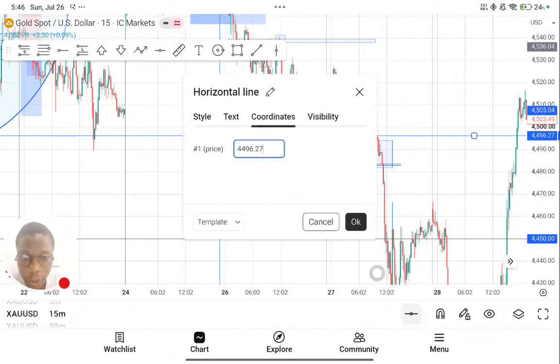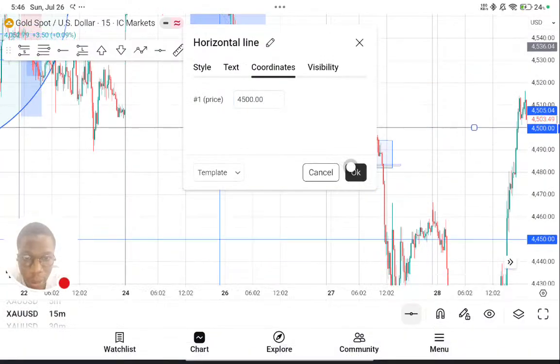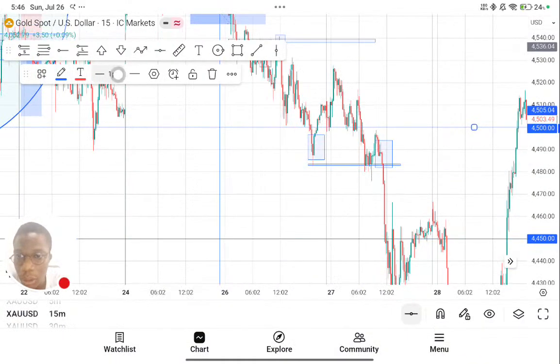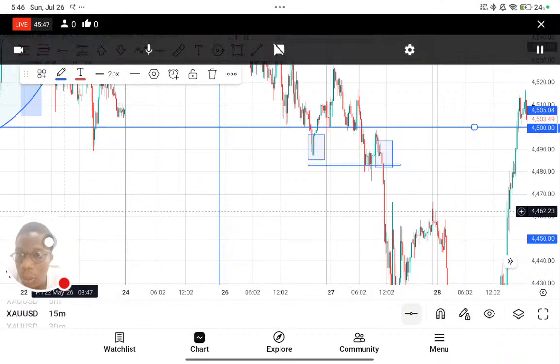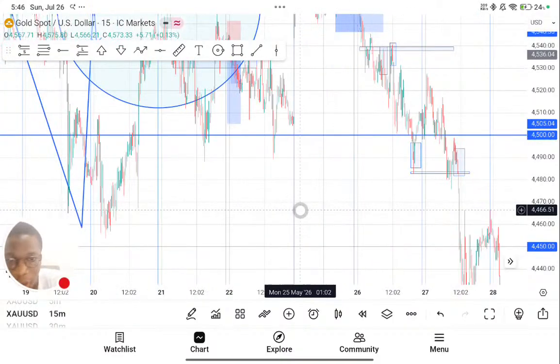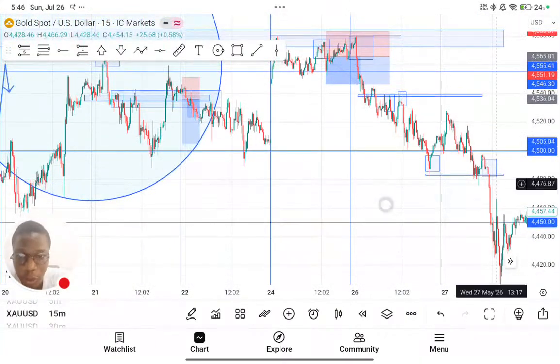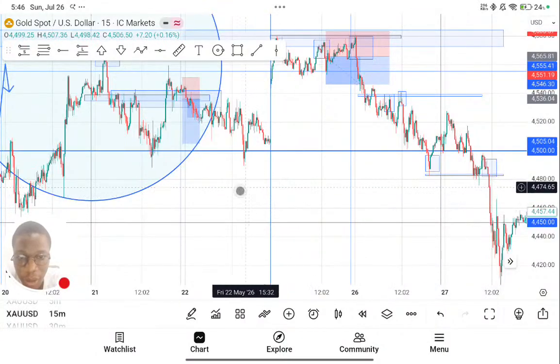It shifted a bit. If I embolden it, if you notice, this was a strong support. Price has just been reacting on that level.